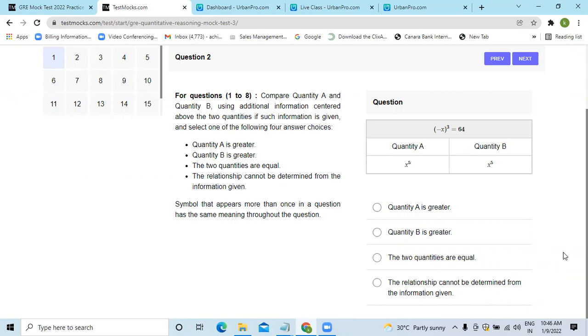Oh wait, the quantities are equal. So you shouldn't have taken this long. X is equal to 2. 4 minus 8 plus 3. The quantity B is greater, sir.